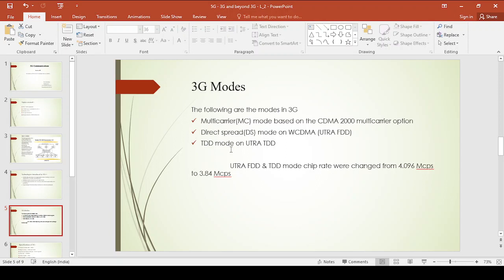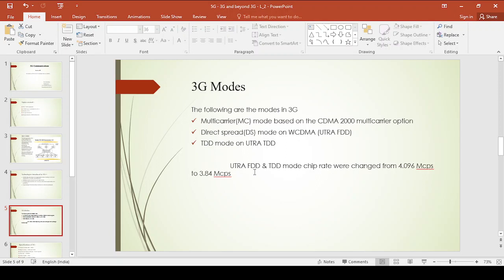Now this TDD mode is based on UTRA. What is UTRA? UMTS terrestrial radio access, and UMTS is universal mobile telecommunication system.